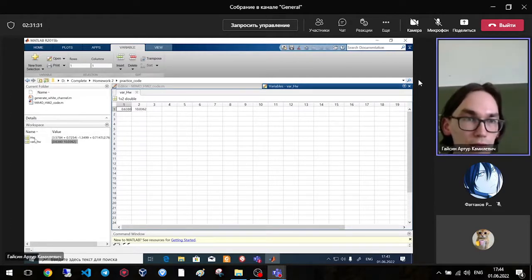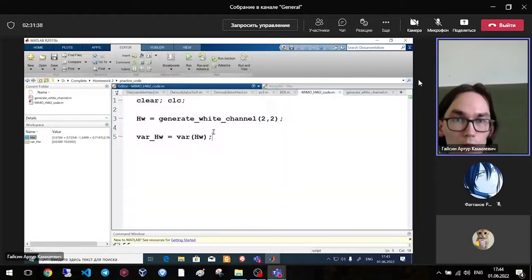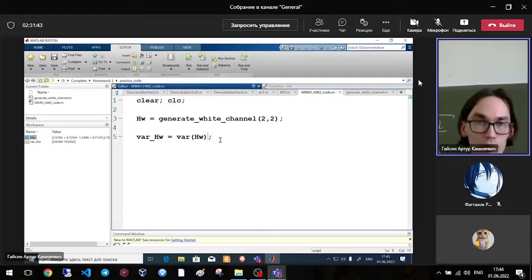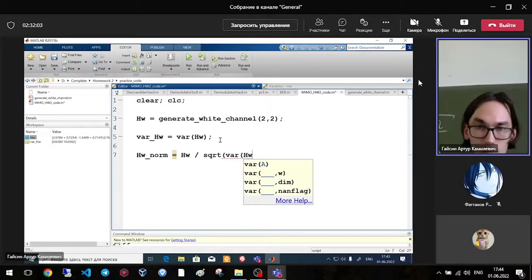So it is not a unit variance for this channel HW. So how can we do it in a proper way? Let's call it just HW normalized, for example, and we will calculate it as follows. HW divided by the square root, but not of 2, but the square root of the variance of this channel W.